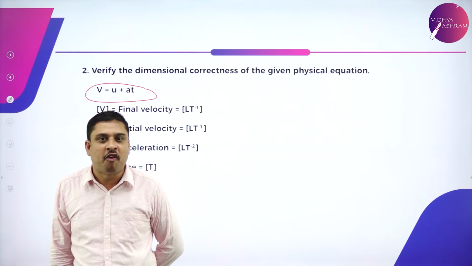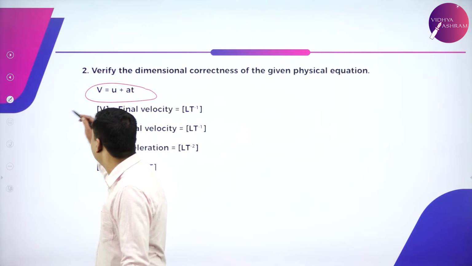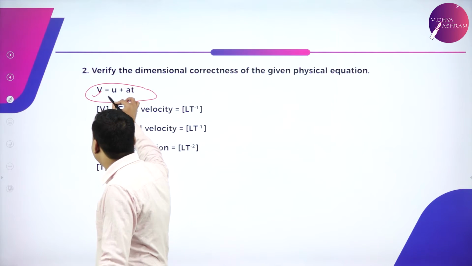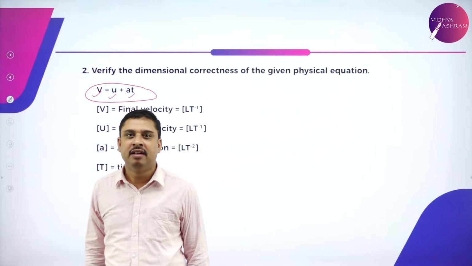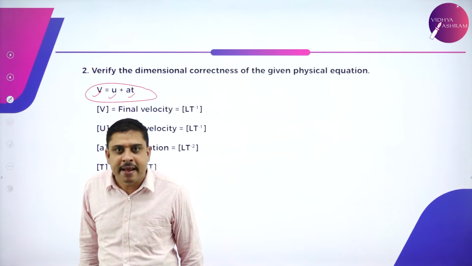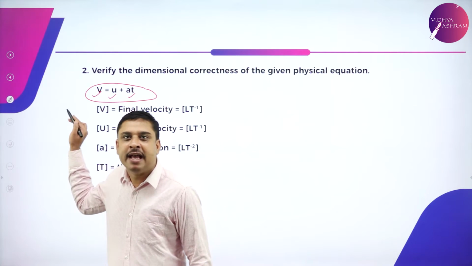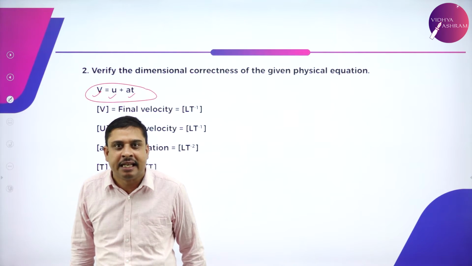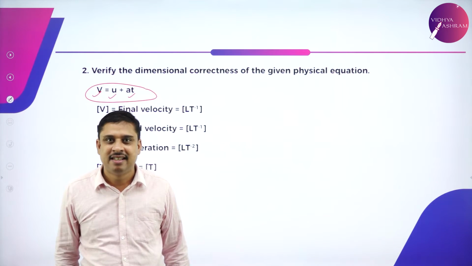Again, one of the equations of motion. V equals U plus AT, and using the method of dimensions, I shall verify whether this equation is correct or not. How do I do that?